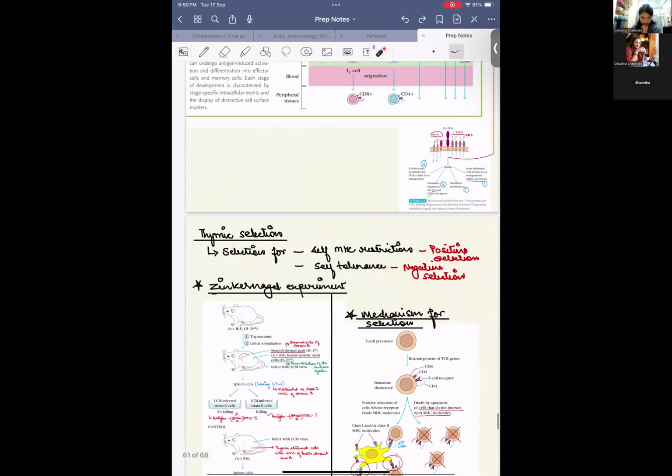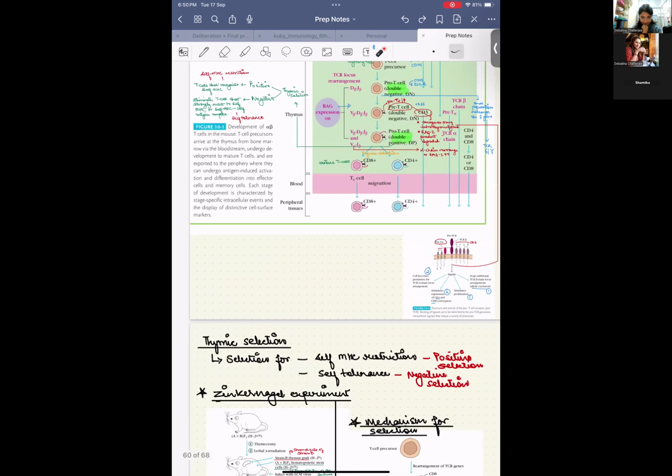Okay, ma'am. And ma'am, in RAG expression, when it is switched on, firstly in the beta chain rearrangement, RAG1 is responsible, and the second time, for the alpha chain, RAG2 is responsible.